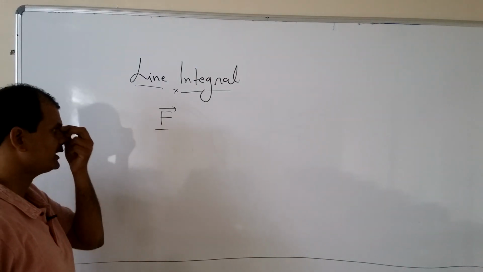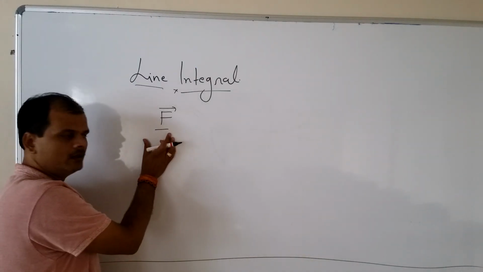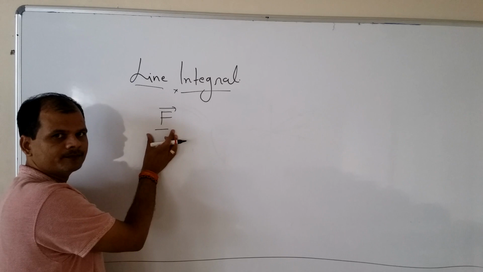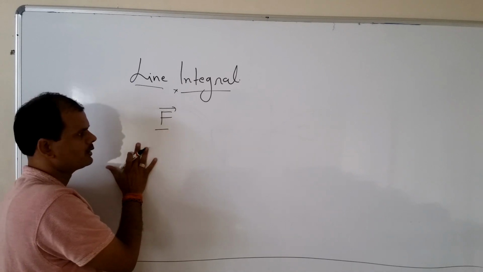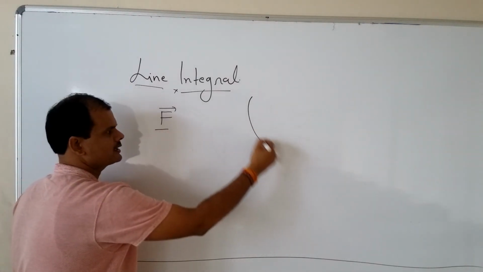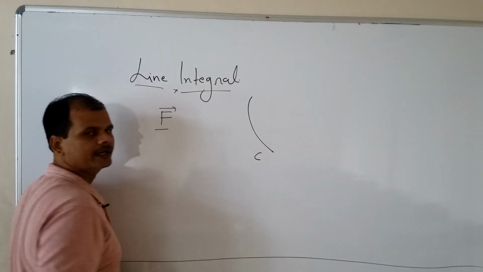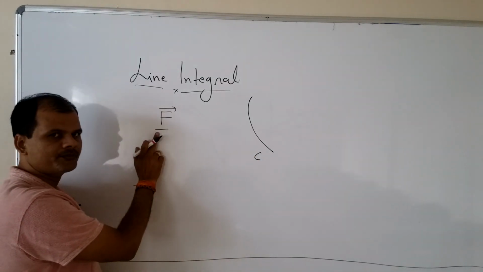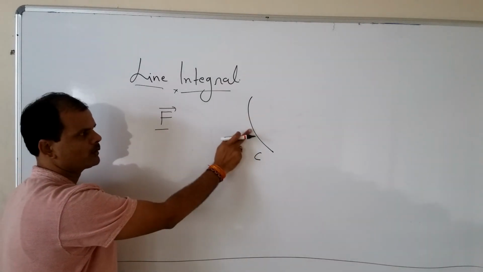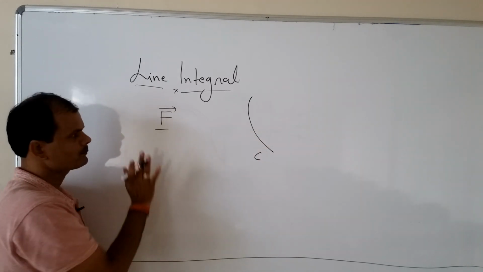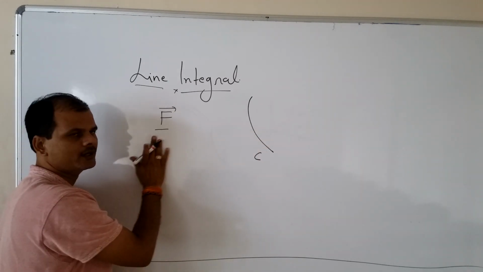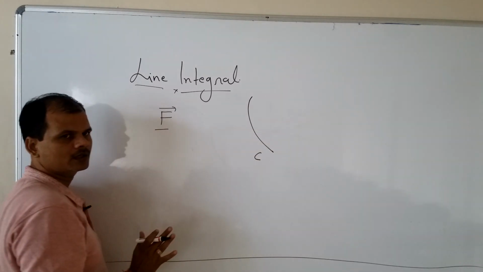Let F be a vector point function, and C is any curve, and this F is defined at each point of the curve. F is the vector defined on each point of the curve.